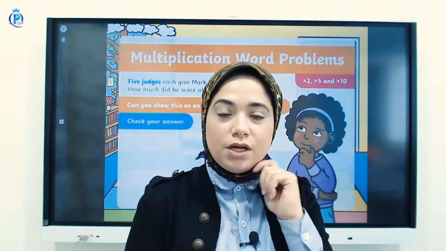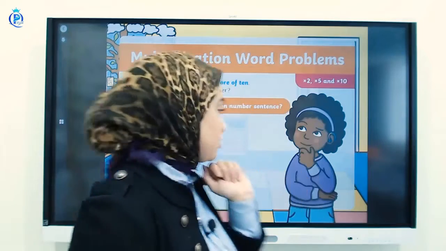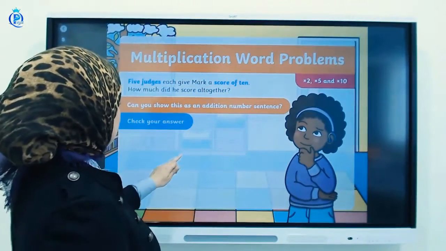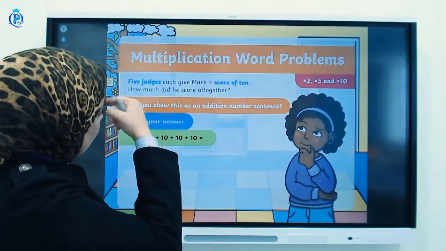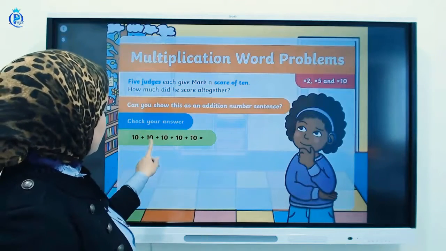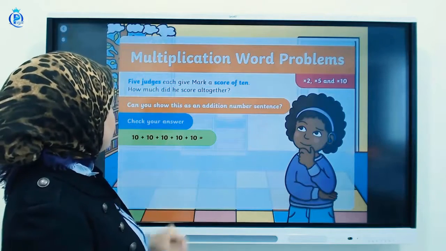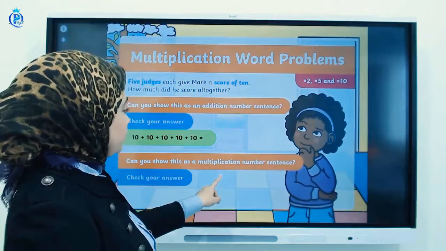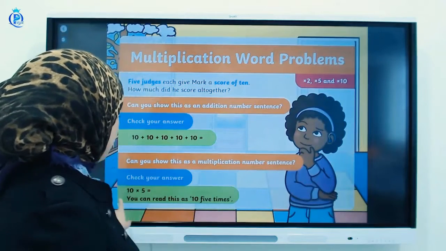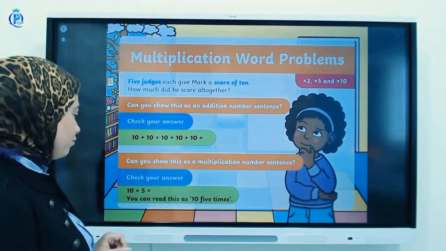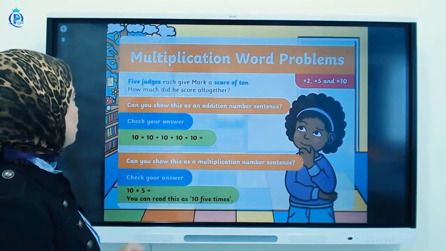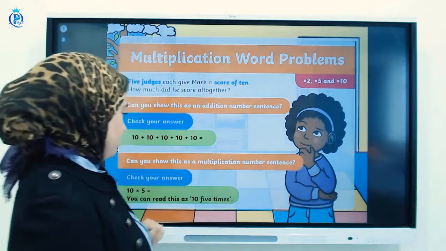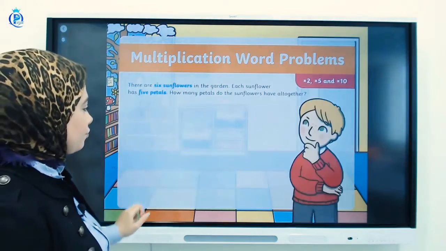Can you show this as an addition number sentence? I can say 10 plus 10 plus 10 plus 10 plus 10. Can you show this as a multiplication number sentence? Or 10 times 5, 10 five times, because I have 5 judges and a score of 10.